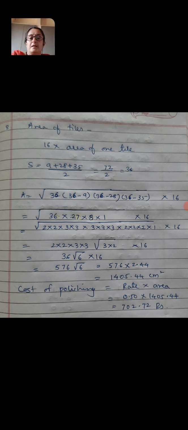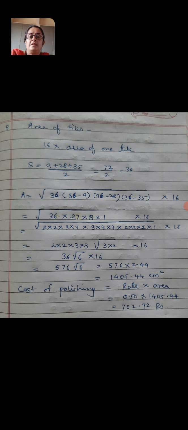So there are four 2's, so two 2's will come out. There are four 3's, those also will come out, and then the remaining one 3 and one 2 will remain as they are in the root. So that gives you 36 root 6 into 16. That gives you 576 root 6, which is the area of all 16 tiles.